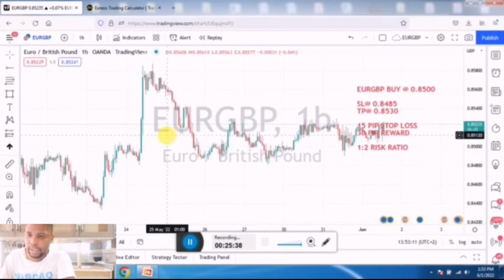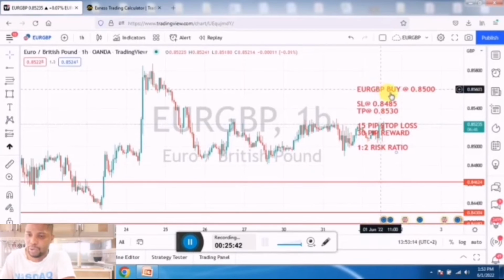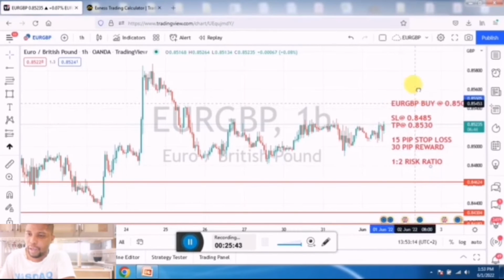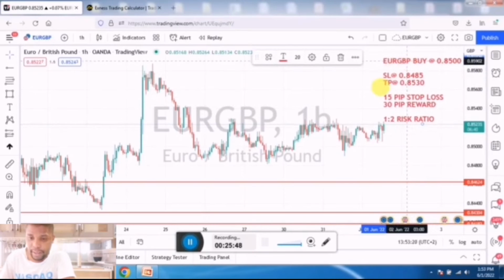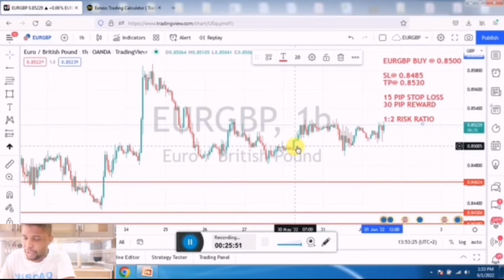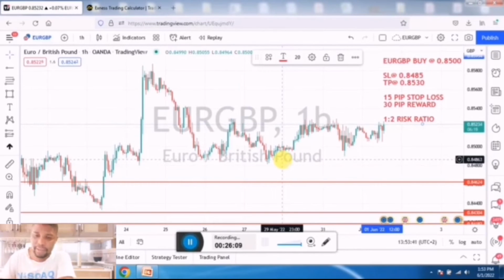So let us assume Euro GBP, you could have bought Euro GBP right here. You bought Euro GBP at 0.850, which is somewhere around here, and your stop loss, SL, was at 84.85, which is somewhere around here, the previous low.